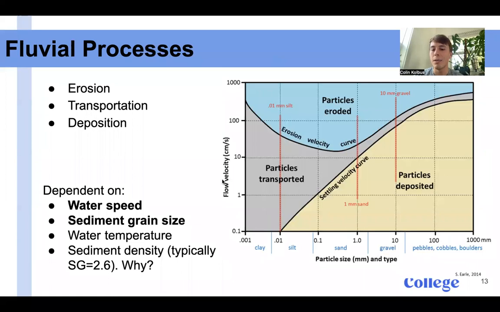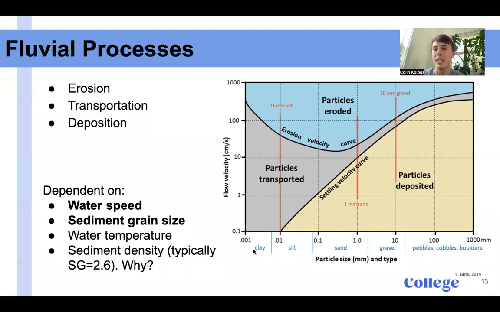And so here we can plot out a figure of different particle sizes and flow velocities and create a sort of region in which we'd expect which fluvial process is occurring. So pebbles, cobbles, and boulders need a really large flow velocity in order to be eroded. For most velocities, they're just going to stay there. They're not going to move at all.